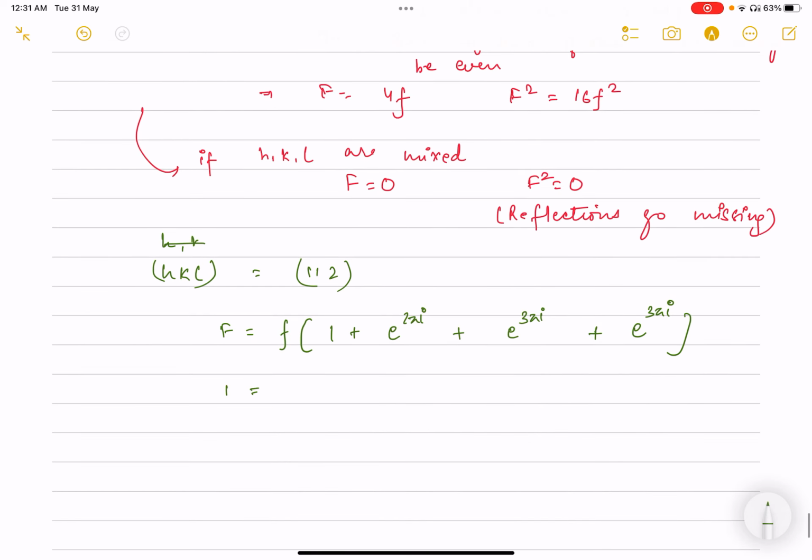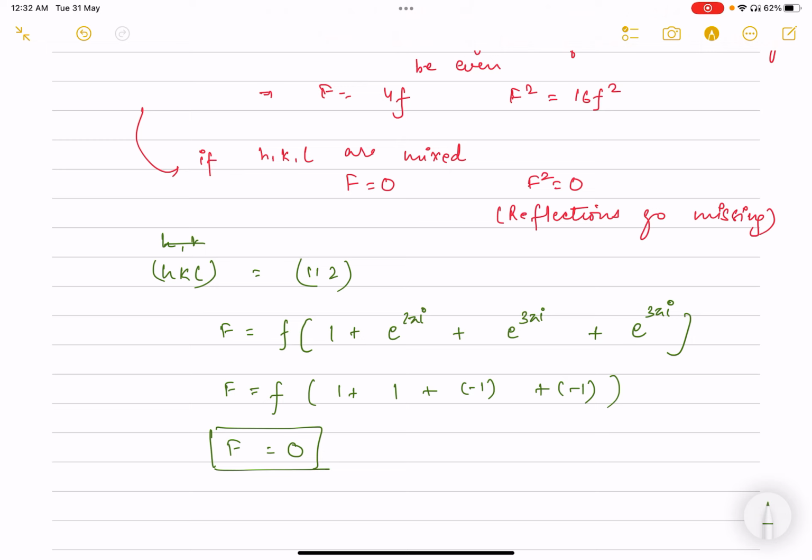So this becomes capital F equals small f times [1 plus 1 minus 1 minus 1]. So this becomes 0. Okay. So this is the structure factor calculation for FCC.